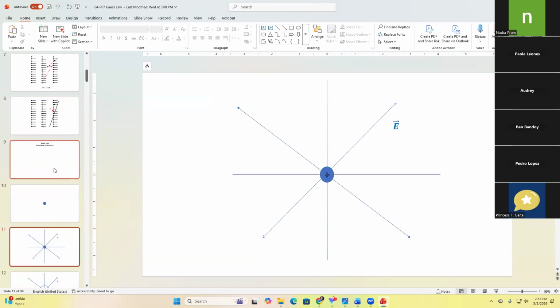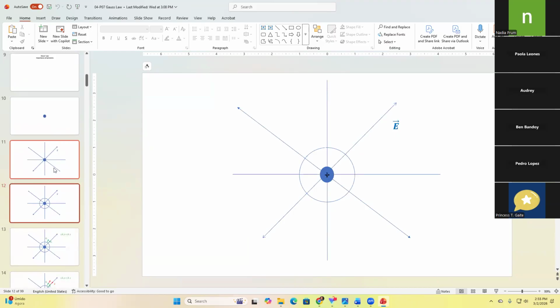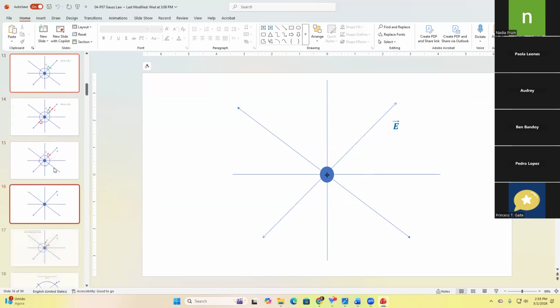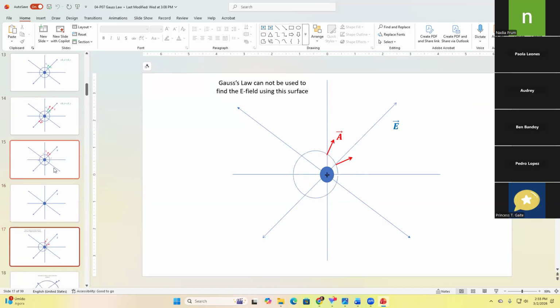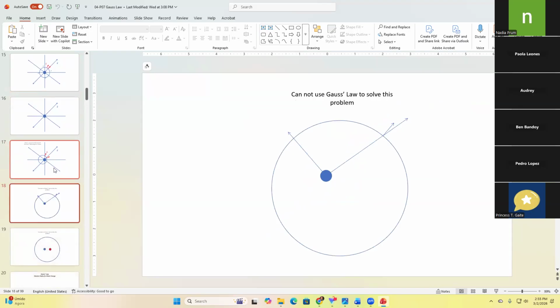And now here we have the situation of a closed surface. It's a spherical closed surface. Then we can come up with other closed surfaces, not just spherical, but a cylindrical closed surface. Those are the two types of surface that we are going to use to solve problems involving the electric field and Gauss's law.